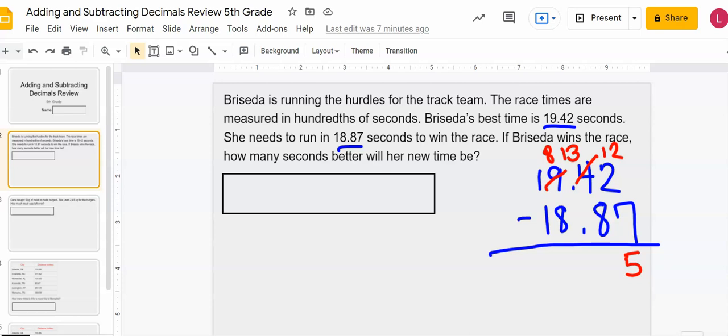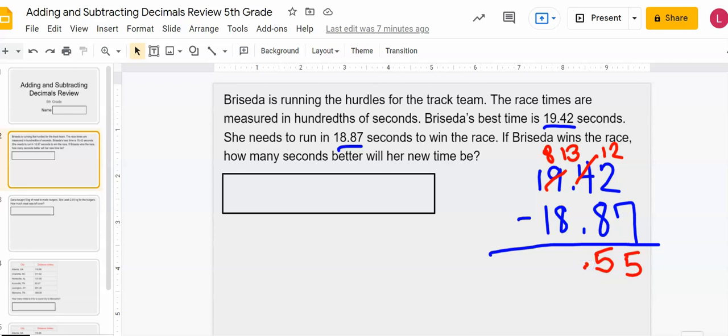So 13 tenths minus 8 tenths. So I'm going to think of addition again. So I know 8 and 2 is 10, and then 3 more is 13, so that would be 5. 8 plus 5 would be 13. Okay, there's my decimal.